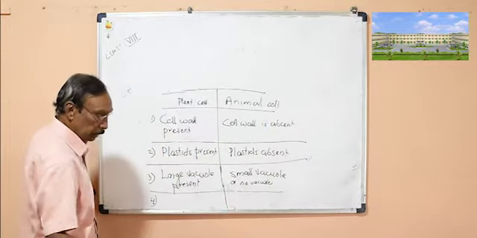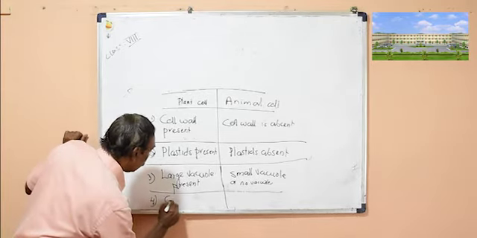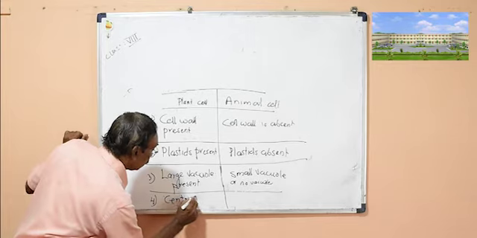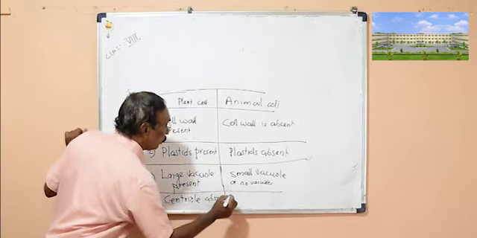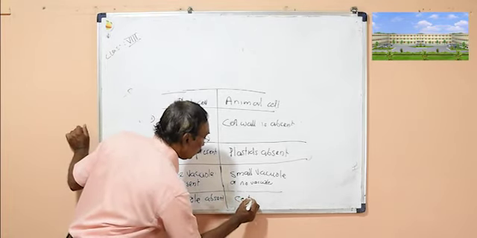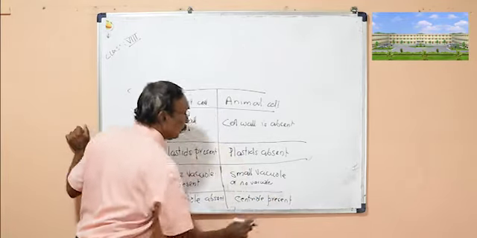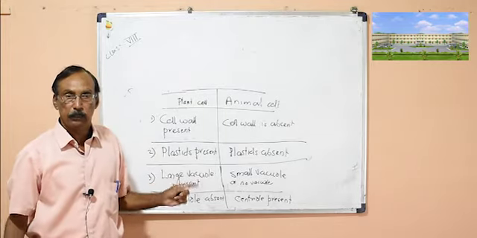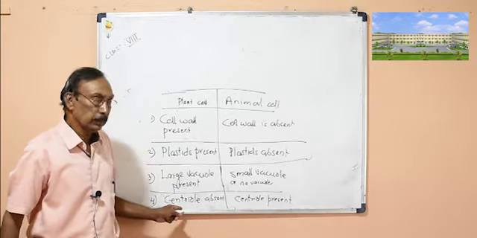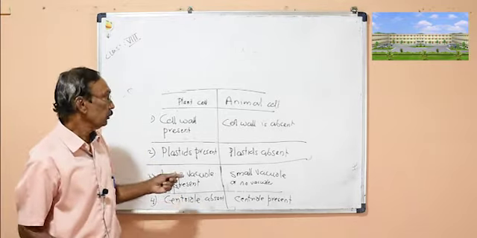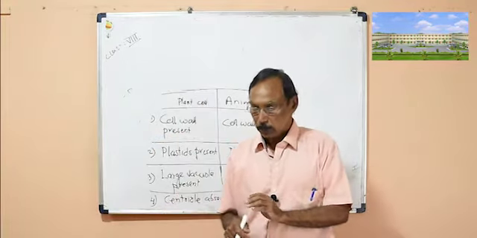In plant cell, centriole is absent. But this difference is not given in the textbook. Centriole function is to help at the time of cell division, but it is not given in the textbook, but in the diagram it is labeled. So these are the four differences between plant cell and animal cell.